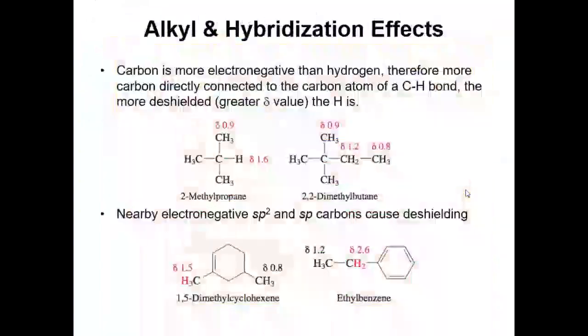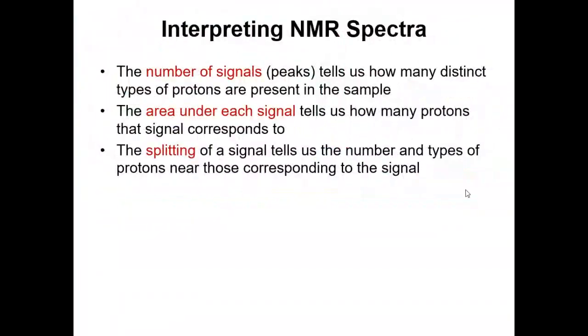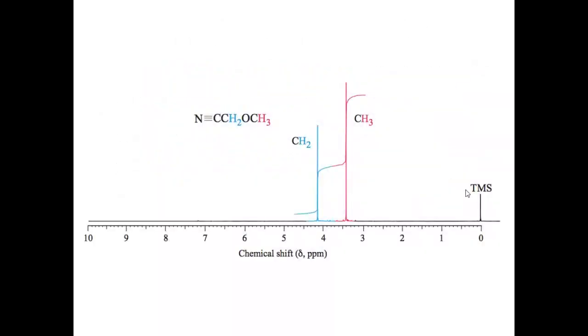Okay. So now, in addition to chemical shift value, you also need to look at the number of signals. This basically tells you how many types of protons you have in the compound. And the area of each signal tells us how many protons that signal corresponds to. Look at this example. Here we have two peaks, two signals.